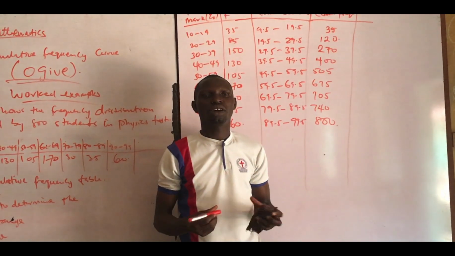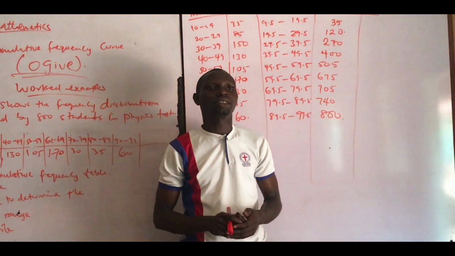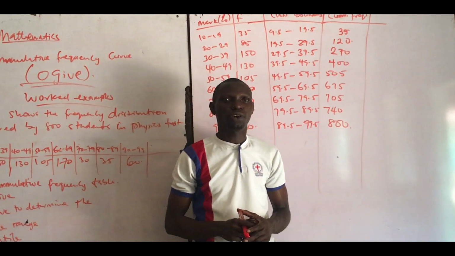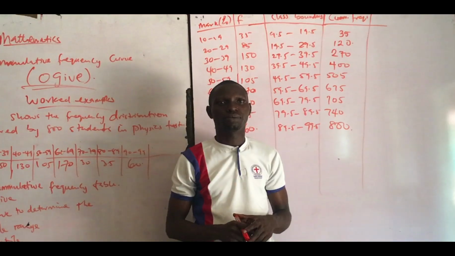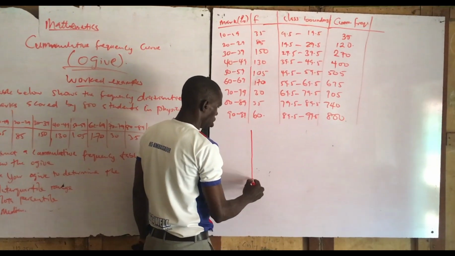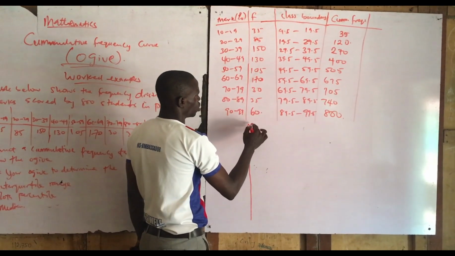Now, having gotten the cumulative frequency, the next thing is to go to our graph and plot our cumulative frequency. We said on the vertical axis, we are plotting cumulative frequency.